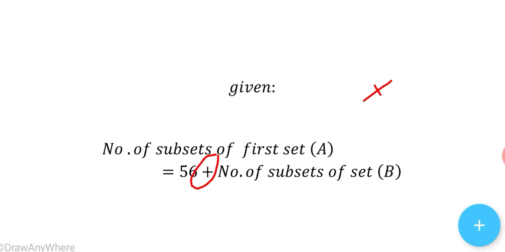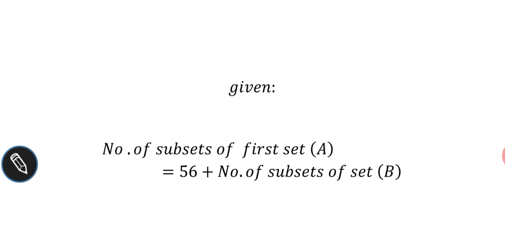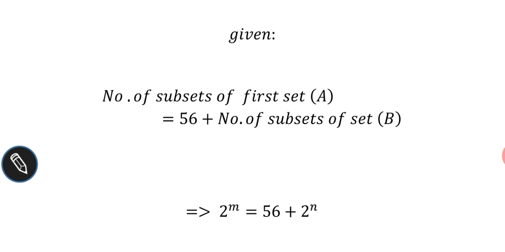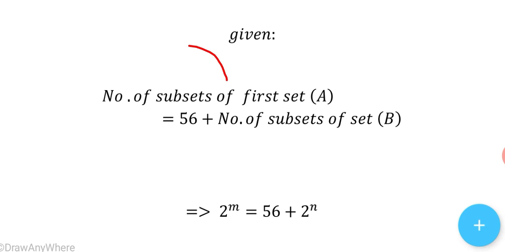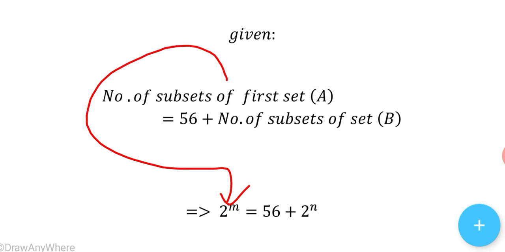For more than we have to use plus, for less than we have to use minus. 56 more than the number of subsets of set B. The number of subsets of set A is 2 power m, equal to 56 plus the number of subsets of set B, which is 2 power n.